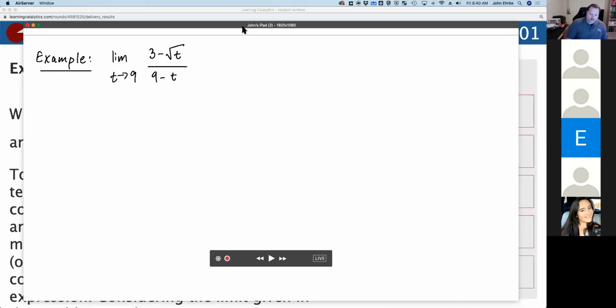So we know that, well, first we should directly substitute to check. So I'm going to go ahead and do that. And if I directly substitute, I get 3 minus the square root of 9 over 9 minus 9. Square root of 9 is 3. So this is indeterminate.